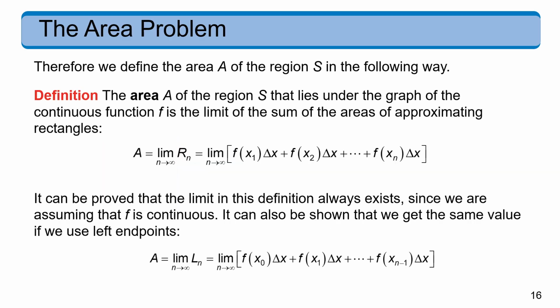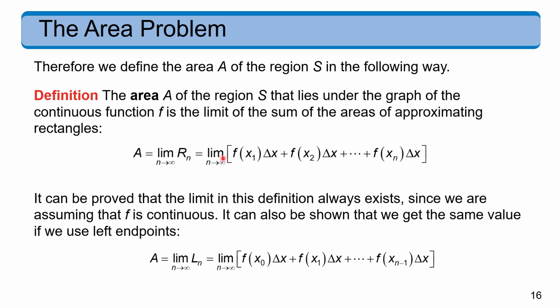So just like we did in example 1, we're going to define the area that we're looking for, which is the area under the curve between a and b, by taking our approximation. So this expression in the brackets, that's the sum of the areas of the n rectangles. It's just an approximation.